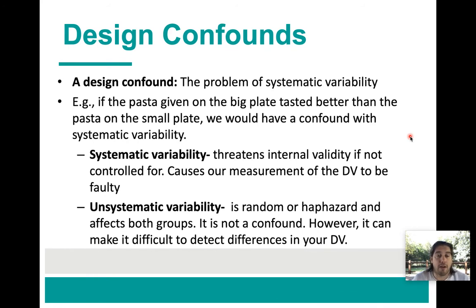There is unsystematic variability that can affect any experiment randomly or haphazardly. These are not considered confounds, but they are problematic. So unsystematic variability is things like, randomly one of your participants gets in a car accident the morning of the experiment, and getting in the car accident just throws them off, right?